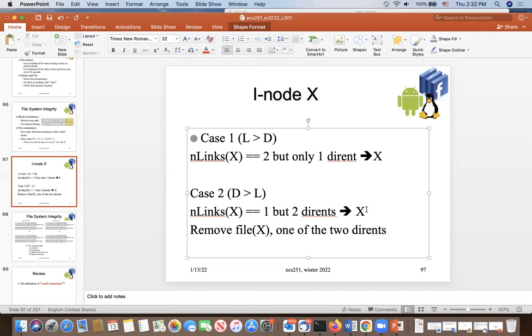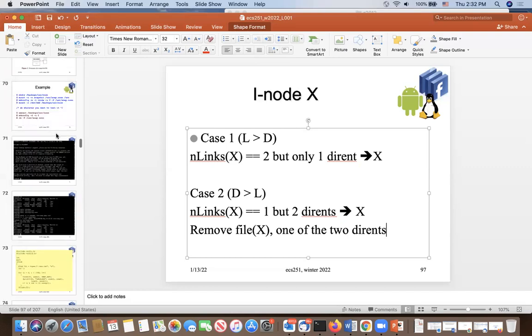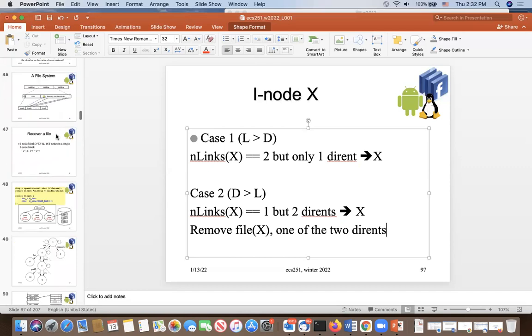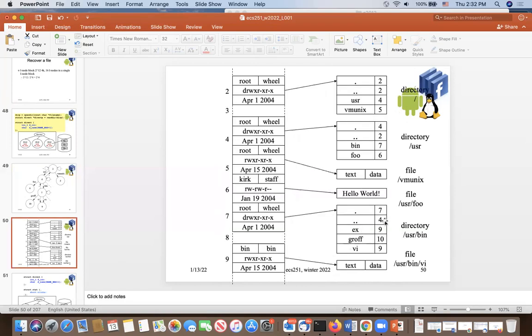Remember in the file hierarchy we showed you, let me bring back the slide very quickly. In this hierarchy, inode number 9 has 2 directory entries, one is called VI, one is called EX. They are both pointing at the same inode.